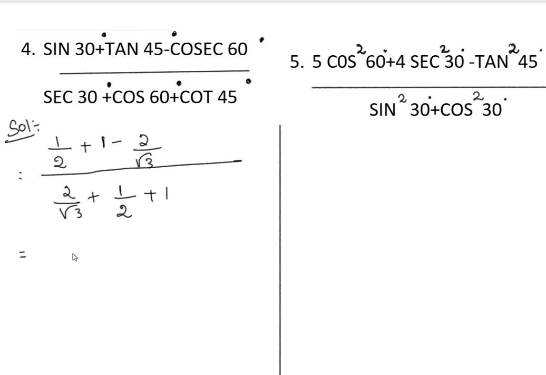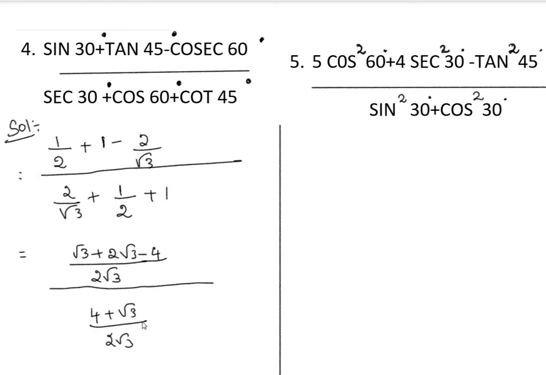So next step, I have the denominators 2, root 3 and 2. So my LCM is 2 root 3, and I'll be getting root 3 plus 2 root 3 minus 4, divided by, again I'm getting 2 root 3 as LCM in this denominator. So here 4 plus root 3 plus 2 root 3.